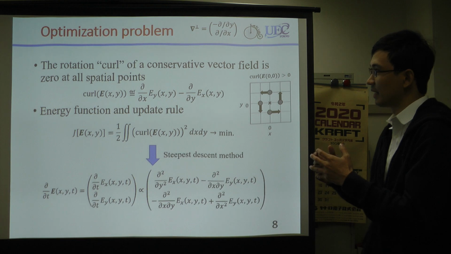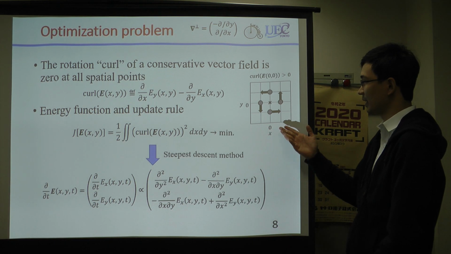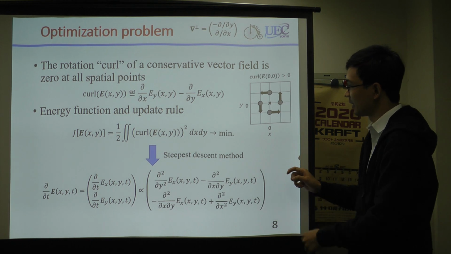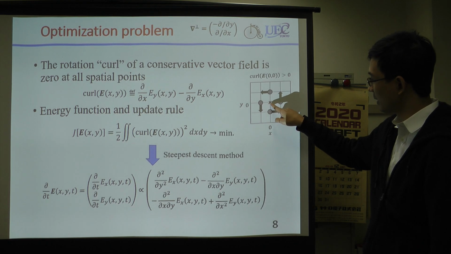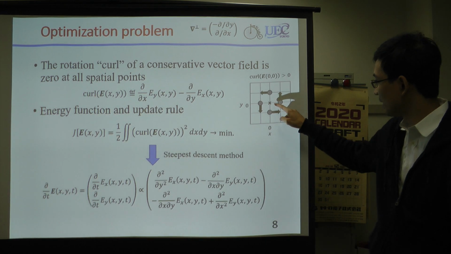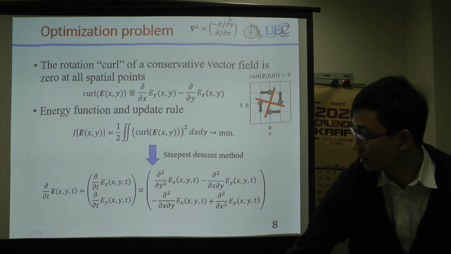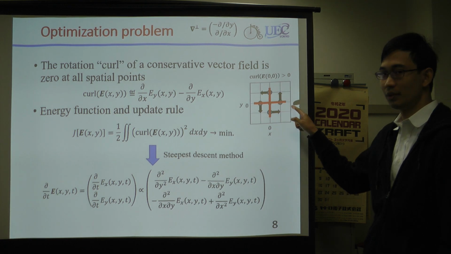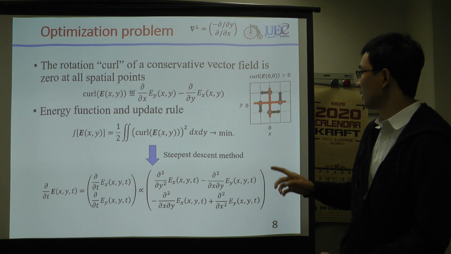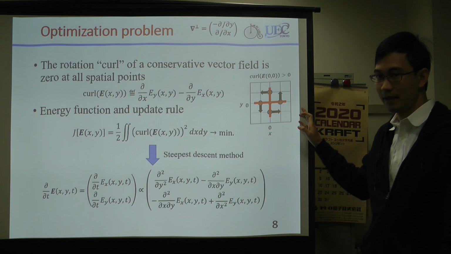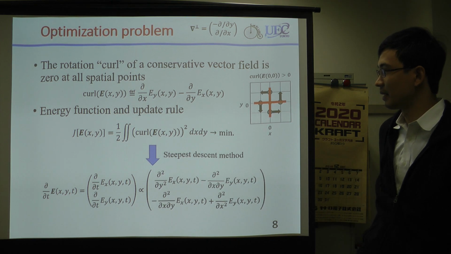Now, to visualize the rotation or curl of a vector field, you can take a look at this small example here. These arrows represent the vectors, and if you put, let's say, a windmill at point 0, 0 here, it will rotate in the counterclockwise direction, and this is a positive curl. So curl is not 0 at this point.